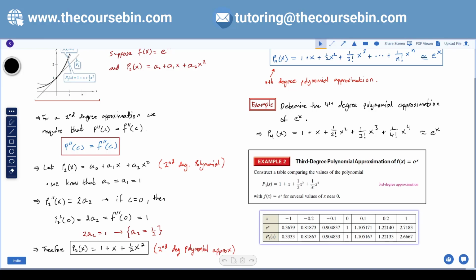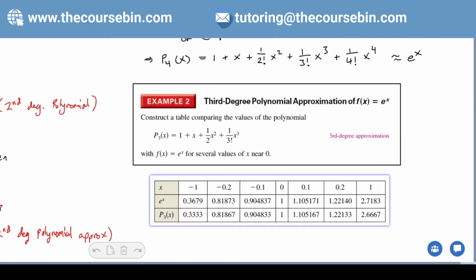So obviously when you're at 0, the center, the polynomial equals the exponential value, right? They're the same. But say, for example, you move 0.1 units away from 0 in either direction, whether it's in a positive or negative direction.